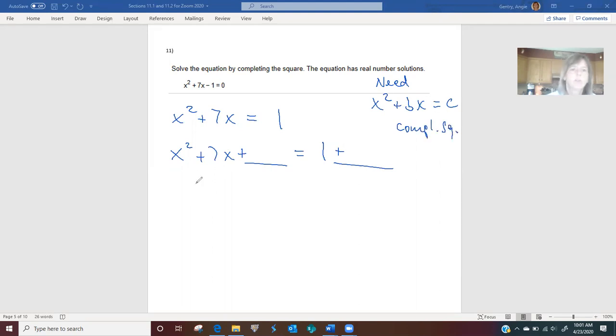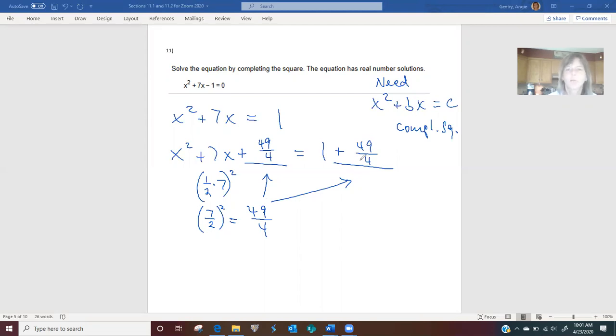How do you do that? You do that with that half b thing. A half times b, in this case, 7, squared. What is a half times 7? 7 halves squared. Inside is 7 halves, outside is 49 fourths. Outside goes here and there. So I like doing all the arrows because it keeps you organized.